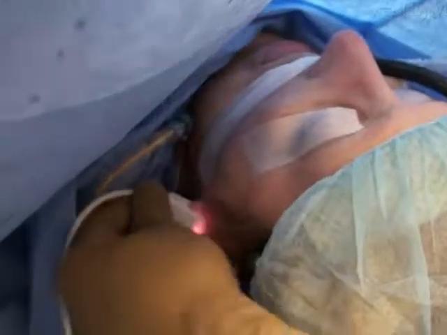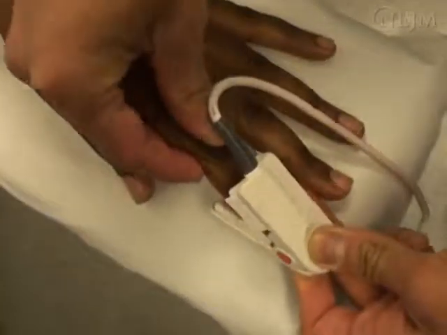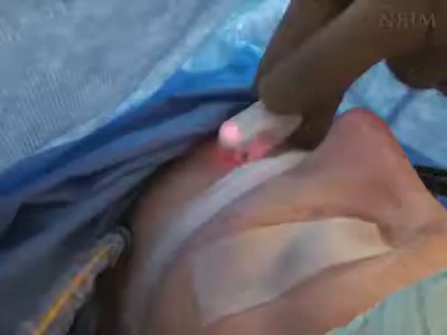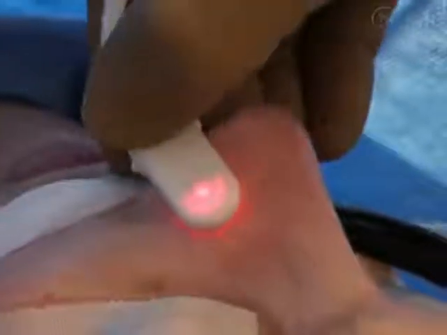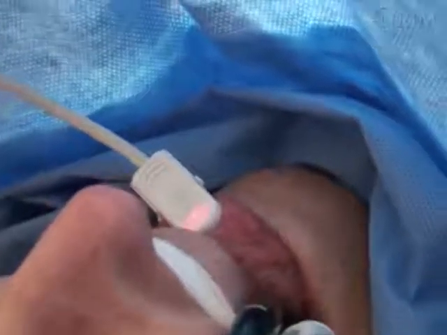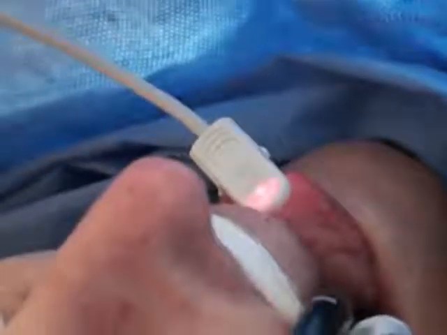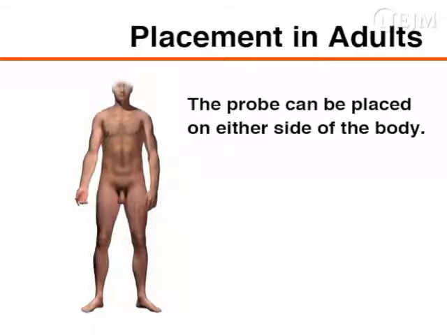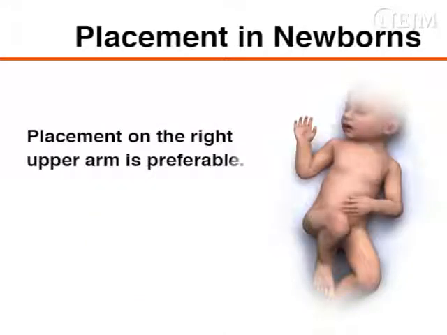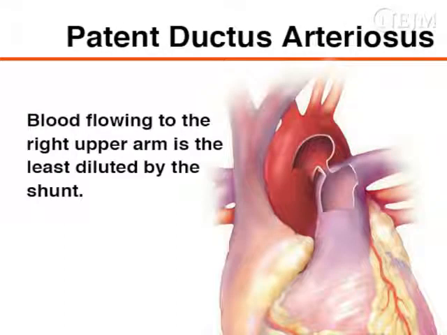The earlobes and the fingers are commonly used sites. Feet, cheeks, nose, and tongue may be used in cases of low peripheral perfusion. In adults, the probe can be placed on either side of the body. In newborns, however, placement on the right upper arm is preferable because of the possibility of a patent ductus arteriosus.